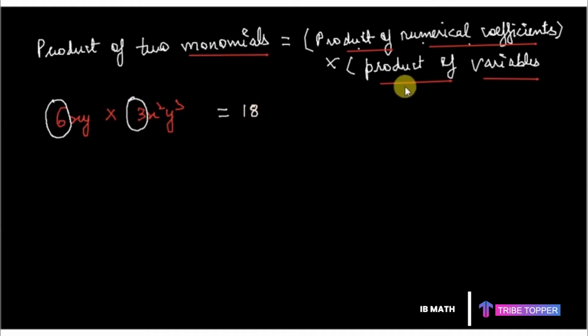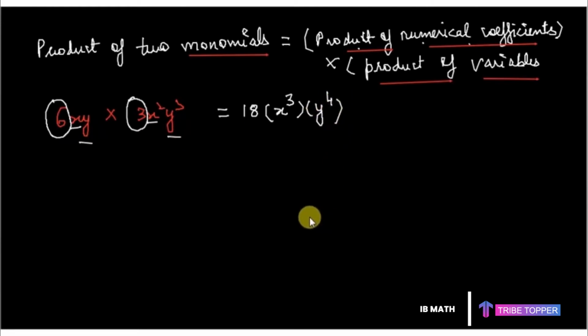Now we'll take the product of variables. The terms x, y, z, whatever we take, are known as the variables. So now we are going to do the product of the variables. That is x into x square gives me x cube, and y into y cube gives me y raised to the power 4.